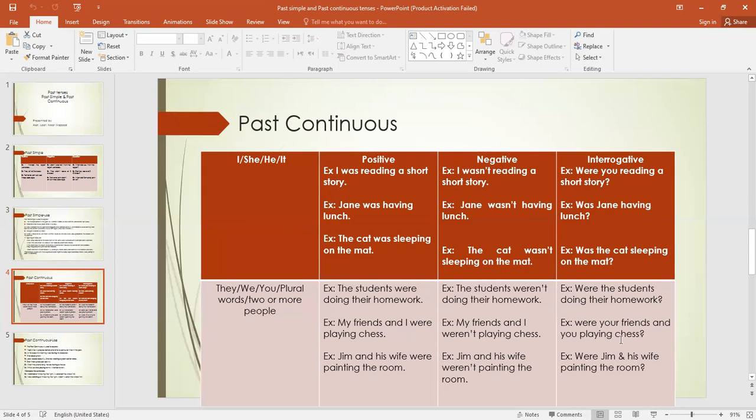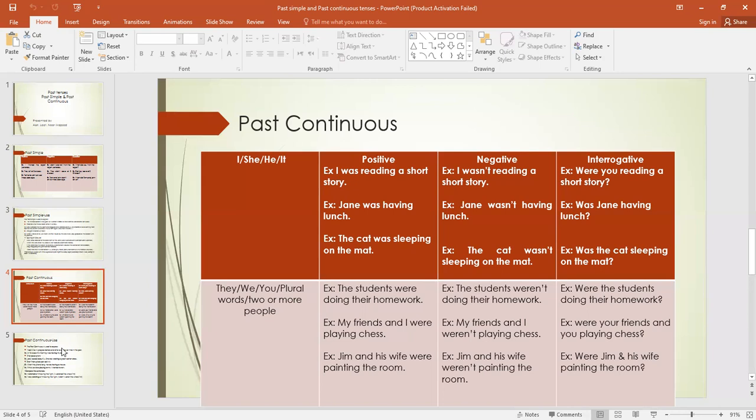And we can say were my friends and I playing chess. Also, Jim and his wife were painting the room. Jim and his wife weren't painting the room. Were Jim and his wife painting the room? These are also the rules found with the past continuous tense.